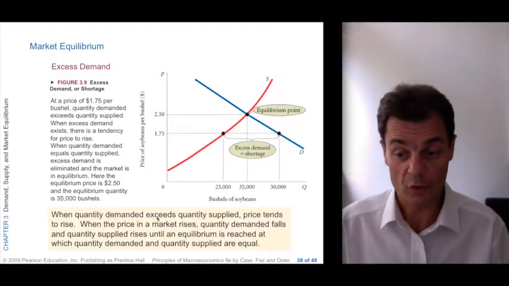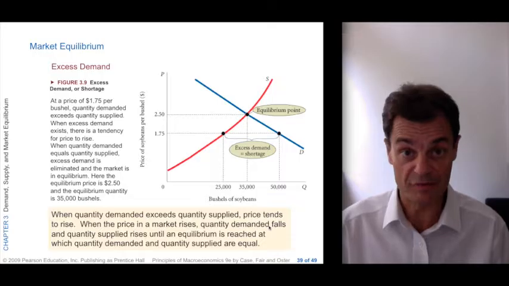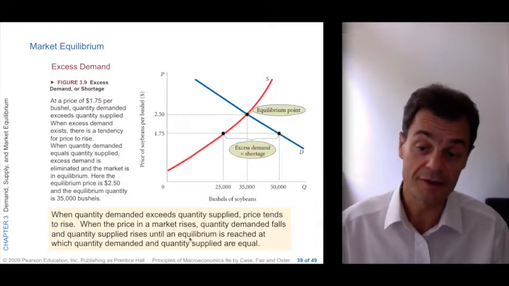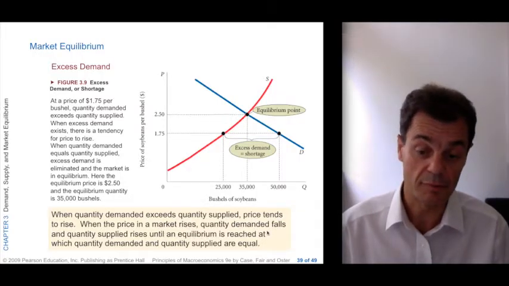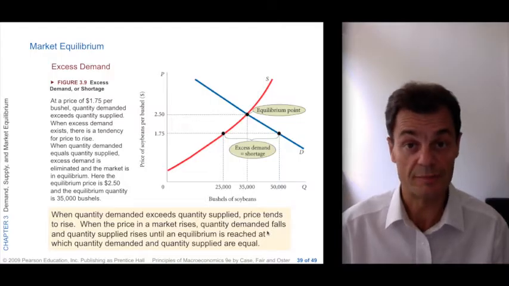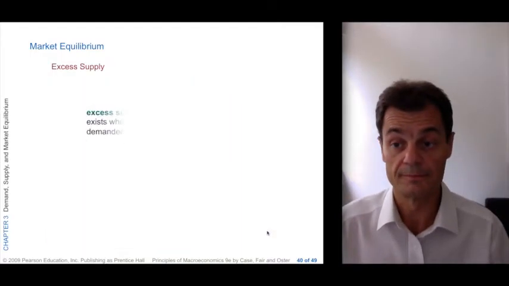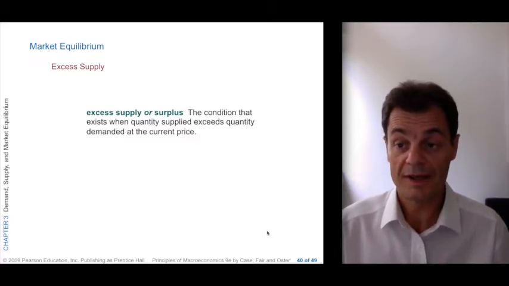When the quantity demanded exceeds the quantity supplied, price tends to rise. When the price in the market rises, the quantity demanded falls and the quantity supplied rises until an equilibrium is reached, at which the quantity demanded and the quantity supplied are equal.